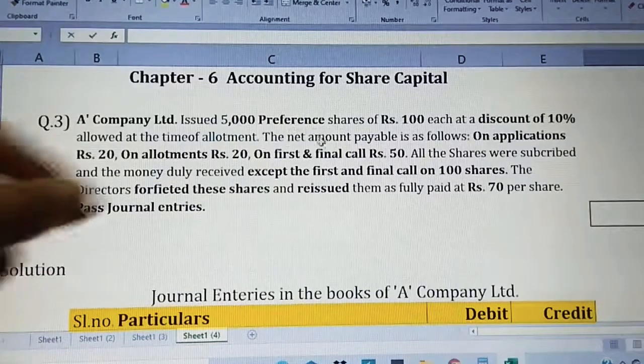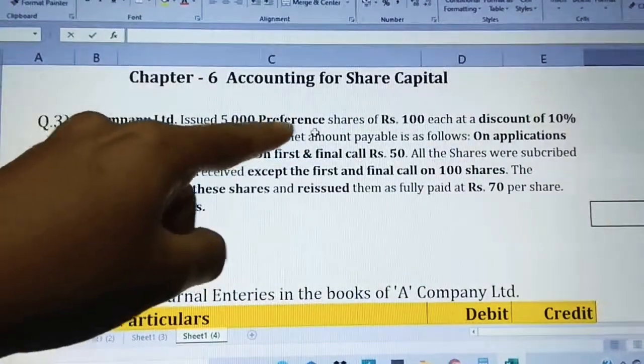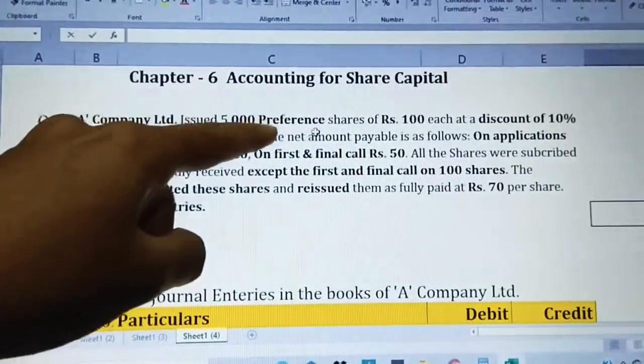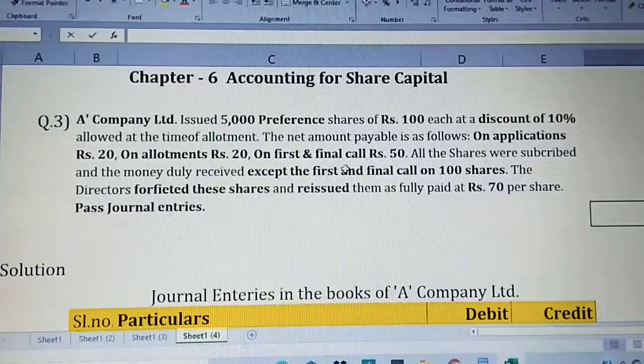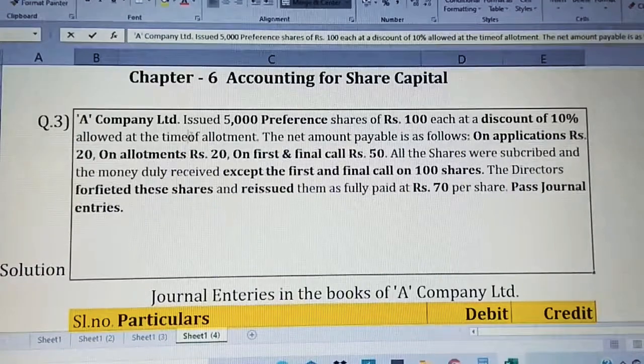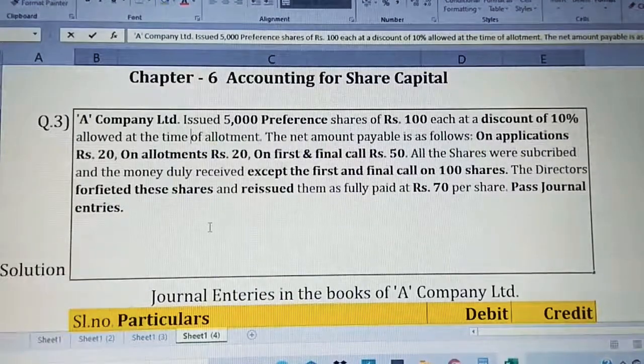Whenever you find preference or equity, you have to add this word in all the entries. 5,000 preference shares of rupees 100 each. So the face value is 100, but it is at a discount of 10% allowed at the time of allotment. Then the net amount payable is as follows.